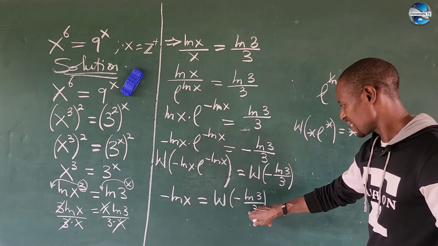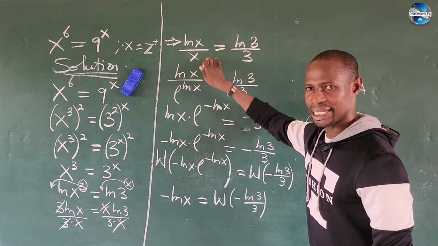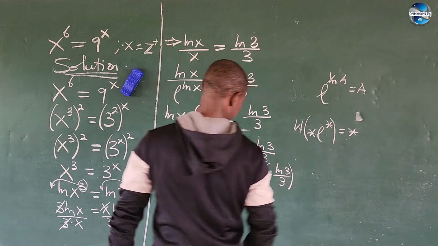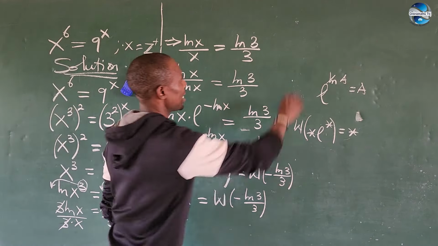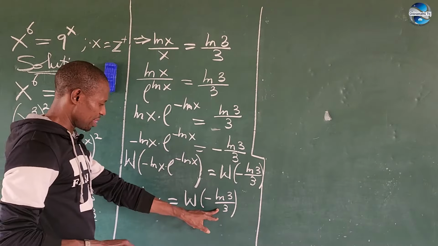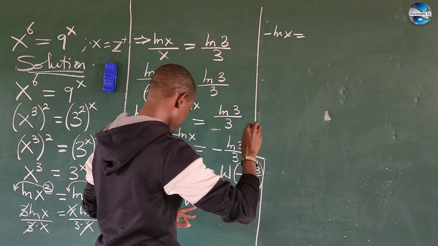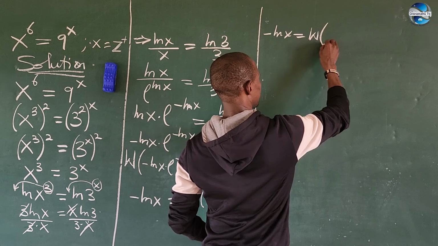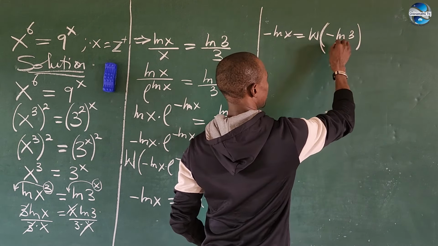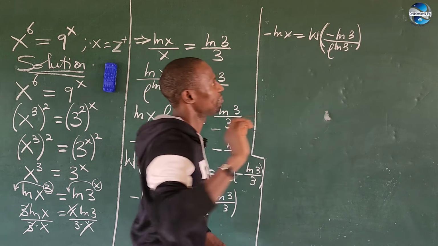Again, I want to rewrite this denominator like I did here. So if I repeat that same thing here, what will happen to this? Let's continue on this side. If we rewrite, this will give us minus ln of x is equal to the Lambert W function of minus ln of 3, close bracket, all over e to the power of ln of 3.